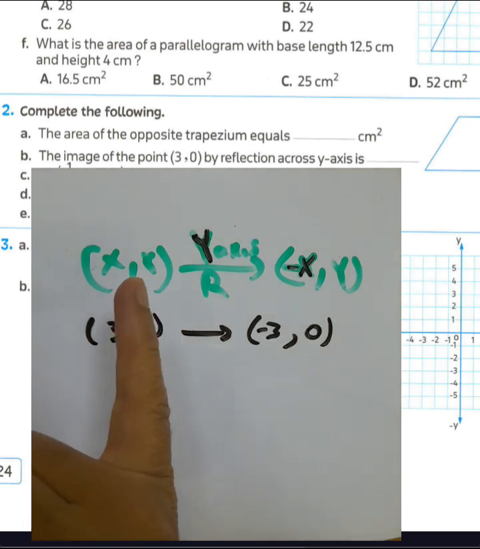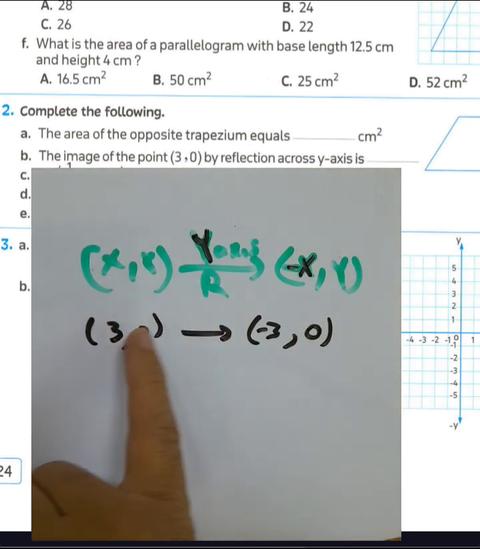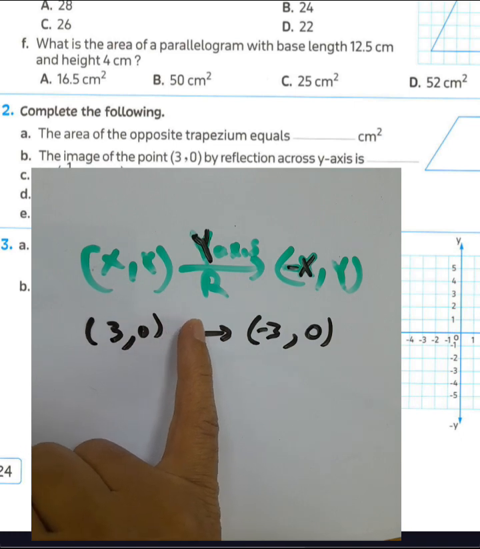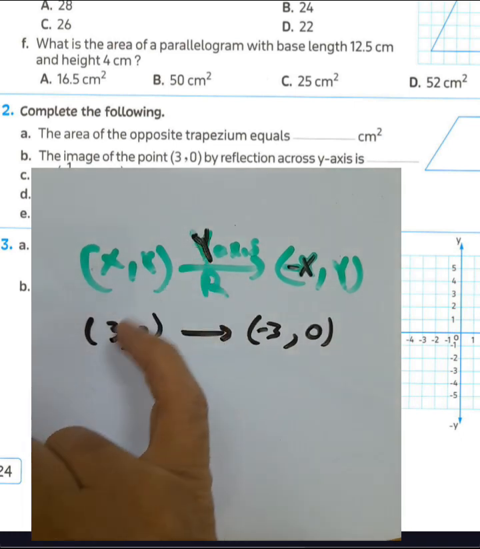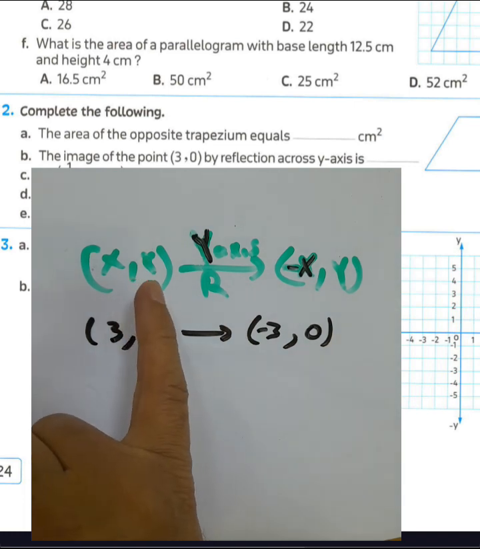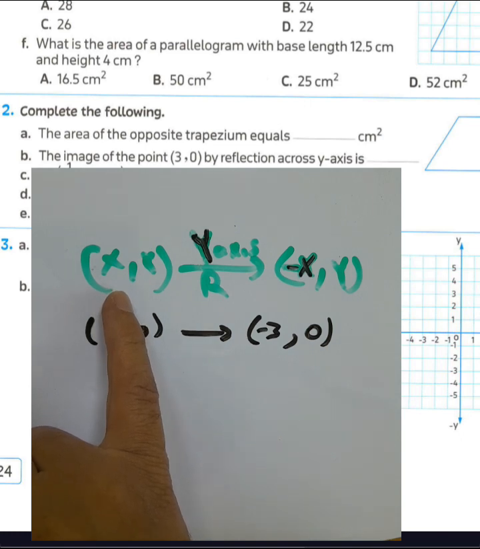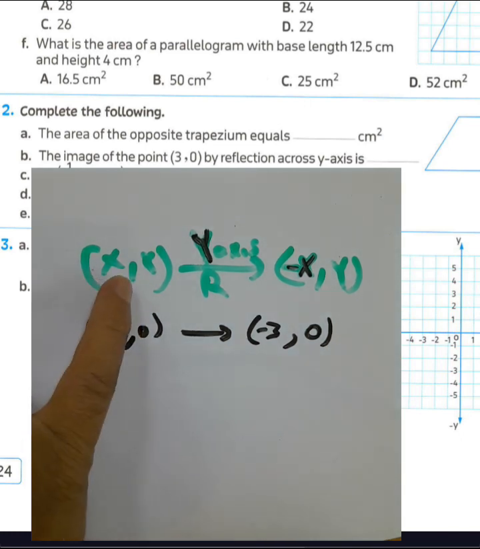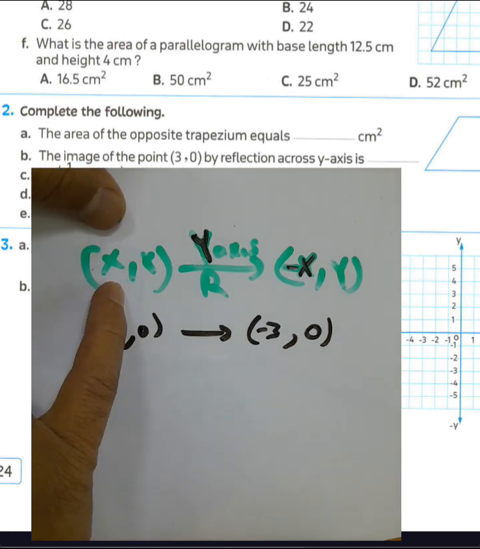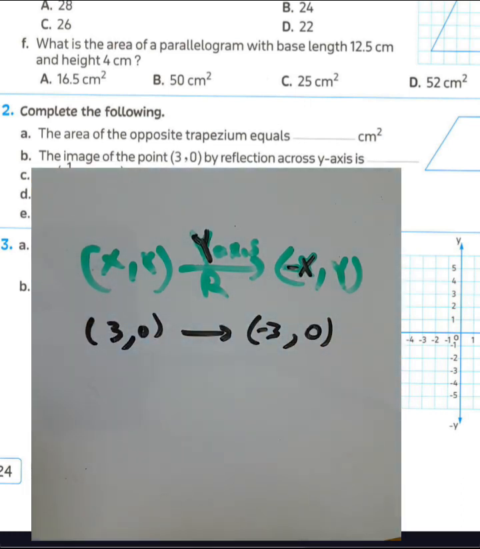But in this example, he wants to find a reflection of this point across the y-axis. Across the y-axis means put y itself here and change the sign of x. We must change the sign of x. The first coordinate, you must change the sign of it. It will be negative. Okay.